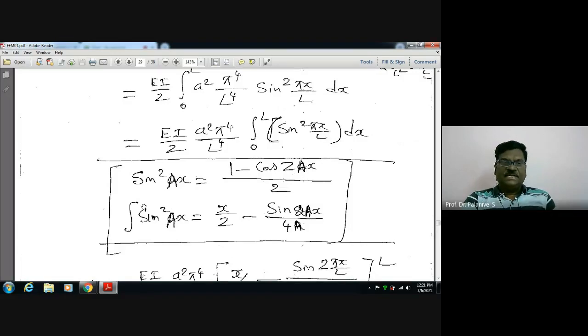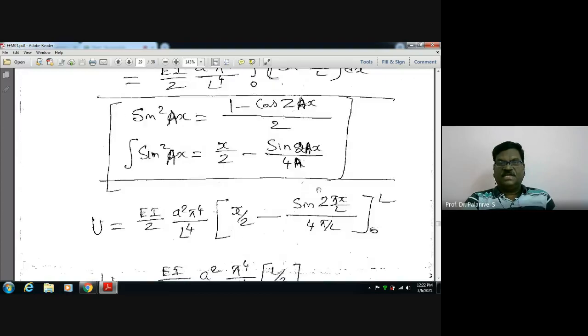If you integrate it, integral of sin square AX equals x by 2 minus sin 2AX divided by 4A, since the 2A comes to the denominator and 2 is already there. I have written the formula and its integration value. Likewise, you have to integrate this.